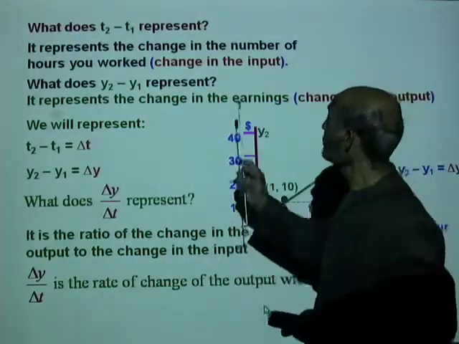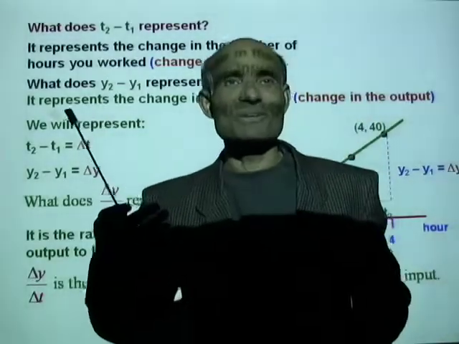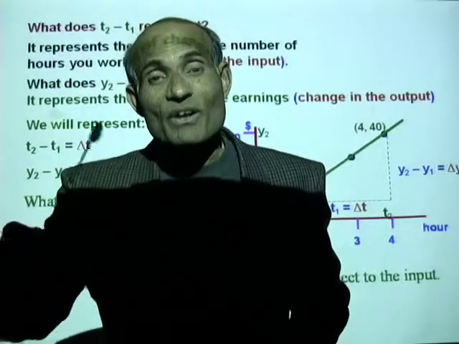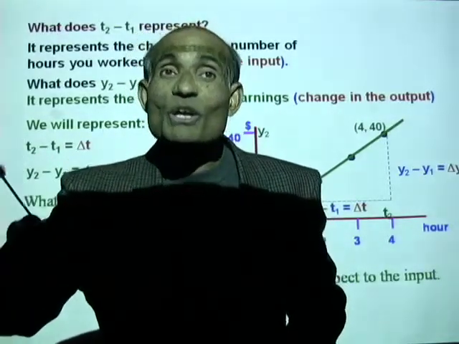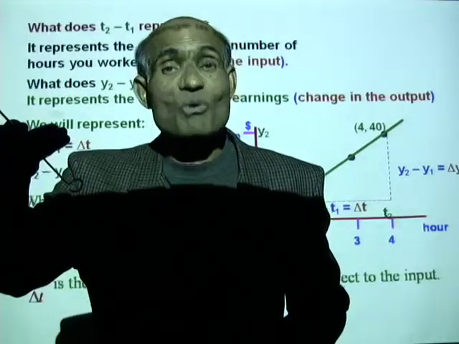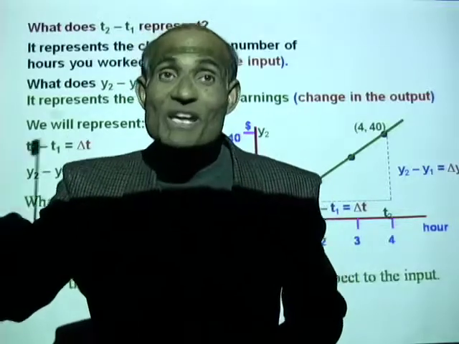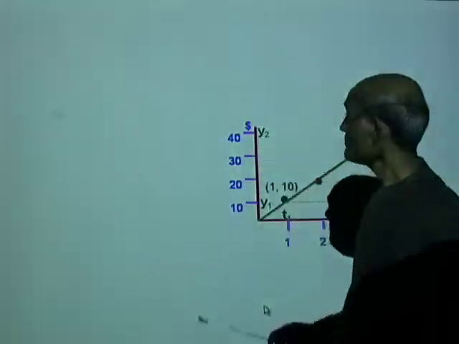And you know how that rate of change is. You earn $10 an hour. So what is the rate of change of your earning? Every time you put in one more hour, your earning will go up by $10 more. So that $10 per hour is the rate of change. Let's have a look at it again.